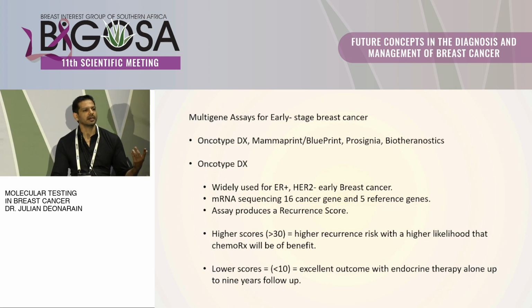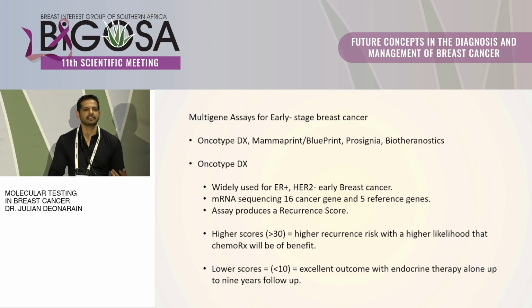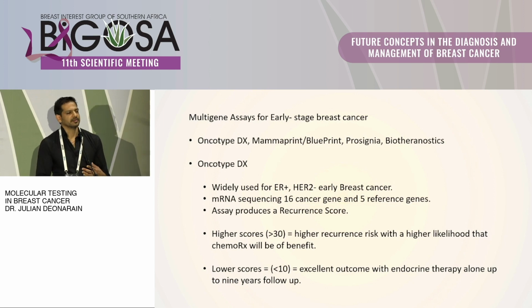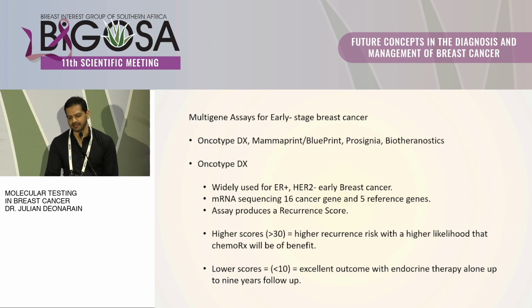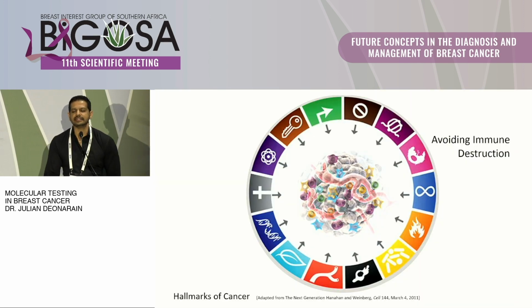We give you a risk recurrence score, and based on the risk of recurrence and on the survival data of thousands of patients and archival material, we will be able to tell you your risk of recurrence and whether chemotherapy will be of benefit for the patient. And that is a widely used and accepted assay.